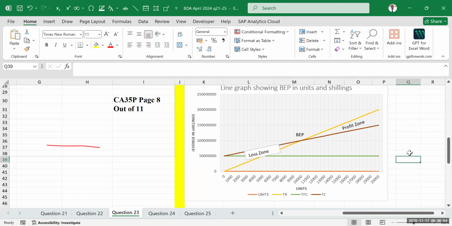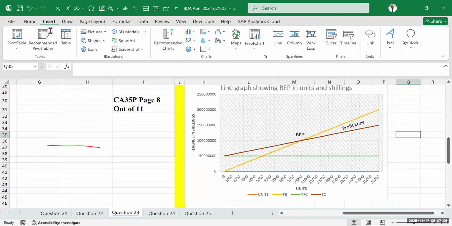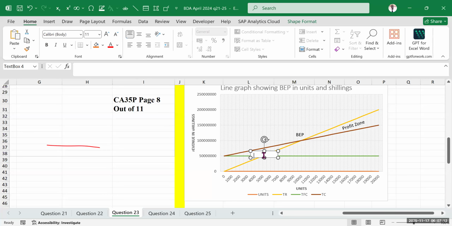Like now you can see this one is highlighted, and this one was clear. So I can still do away with it, then insert a clear one. How do you insert a clear one? I don't do any setting. I just click on insert, draw it, and then I just say loss zone, like that.